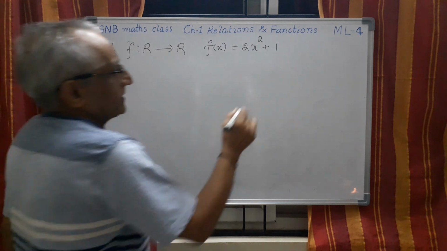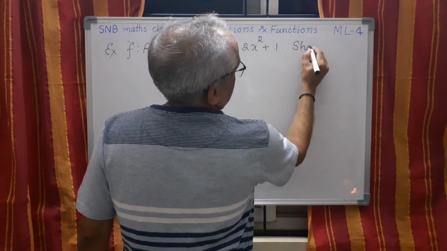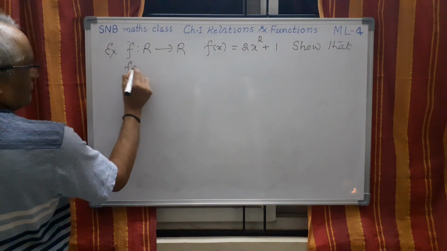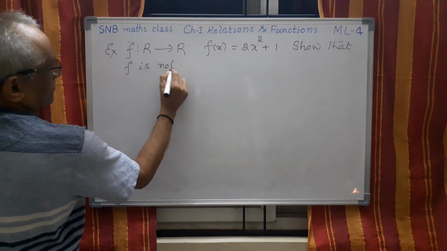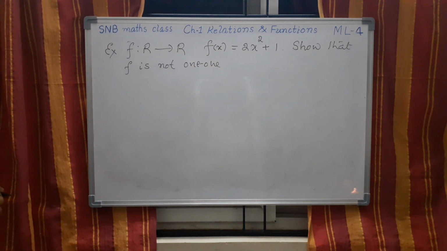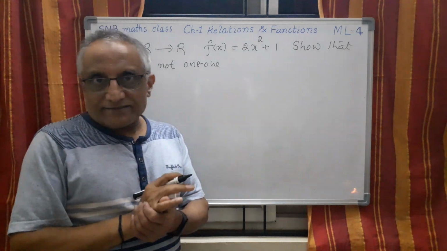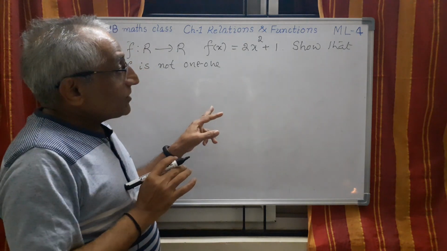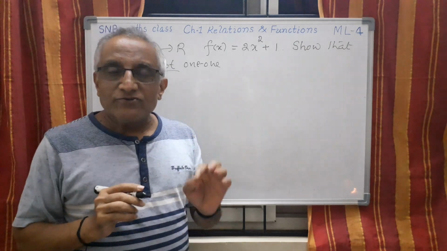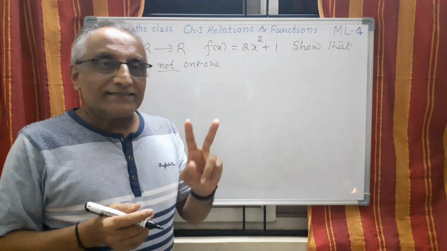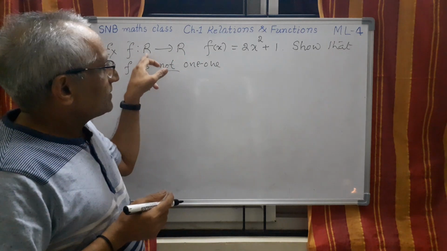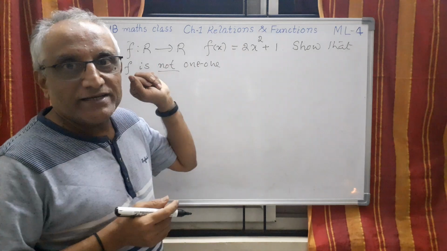Then show that f is not one-one. So I told you yesterday also in the last class, whenever you want to show that it is not one-one, what you can do is show that there are two elements in the domain which are going to the same image.